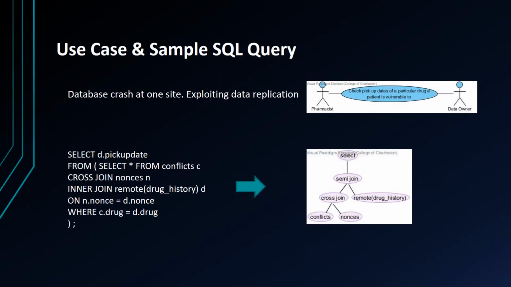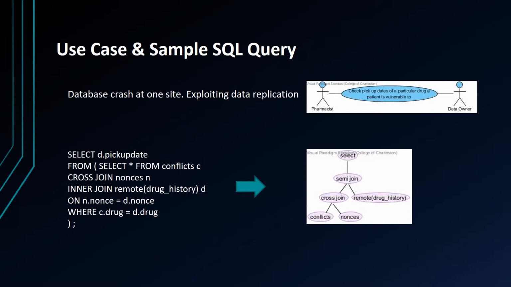So now we have a use case and a sample SQL query. The use case is such that suppose there is a pharmacist who is experiencing a database crash at his site, and wants patient-specific information from a data owner to know the last pickup date of the drug related to that patient.